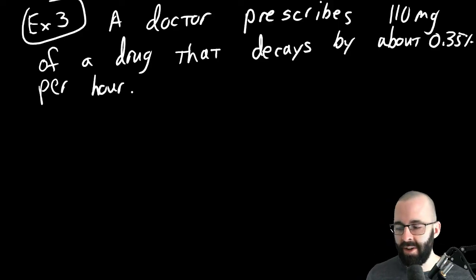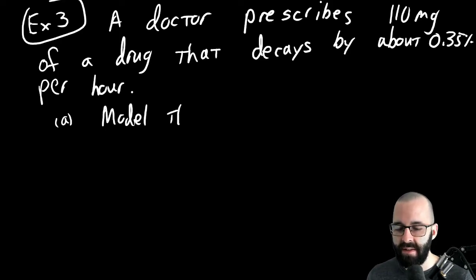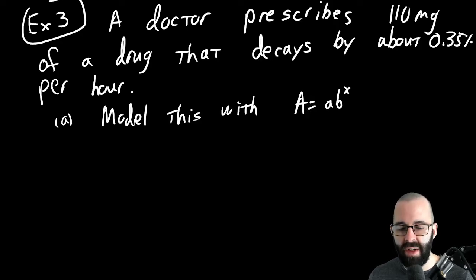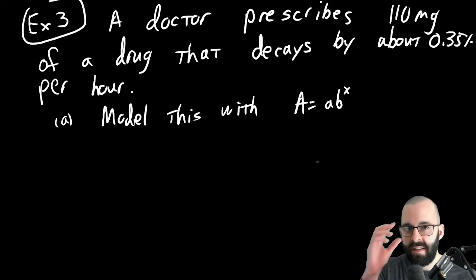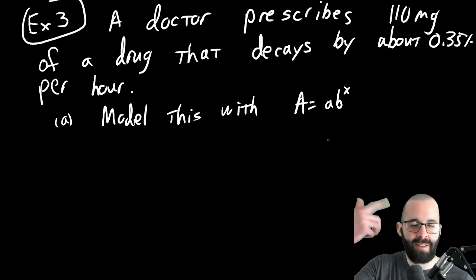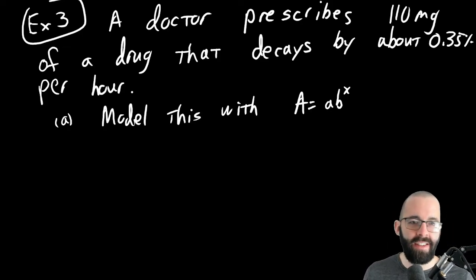So this touches a little bit with the last video of this section. Kind of connects a couple things together. Model this, not with E, but for part A, model this with the equation A equals little a times b to the x. Let's connect things back to 6.1. Sometimes we have e to the x, but sometimes we have b to the x.